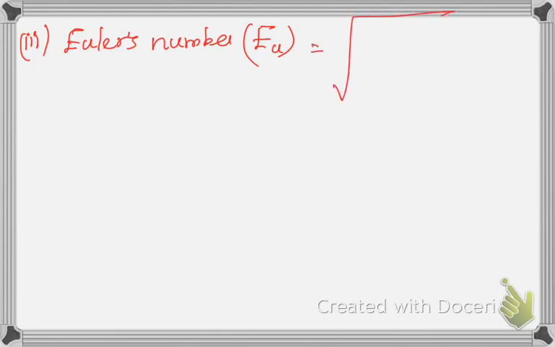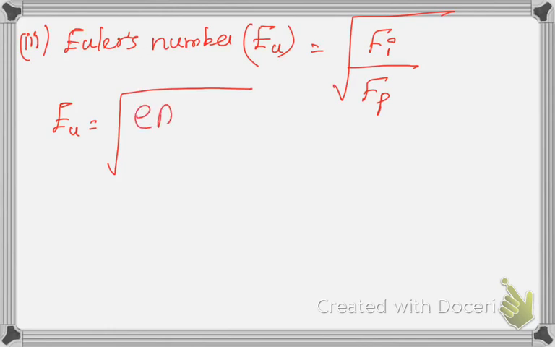The third number is going to be Euler's number, which we denote as Eu. It is defined as the square root of the ratio of inertia force to pressure force. Again, inertia force is rho A V square, and pressure force is P into A. So A and A will get cancelled.